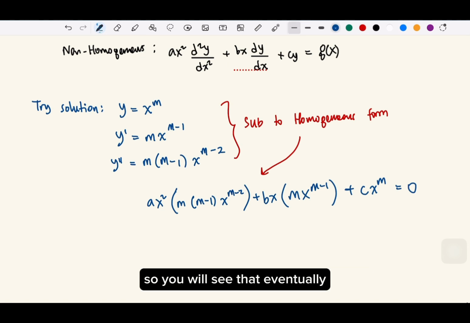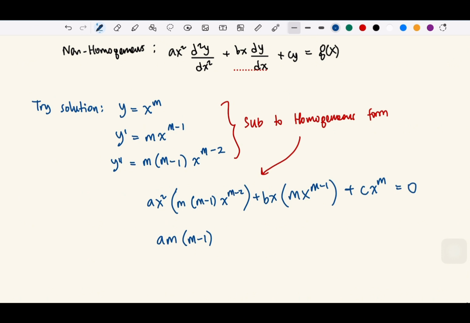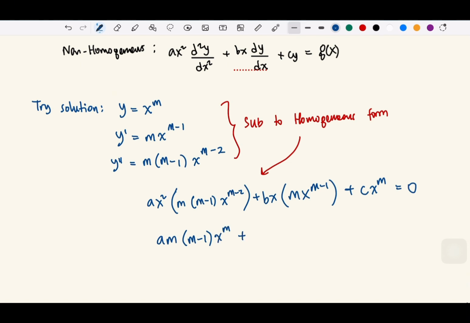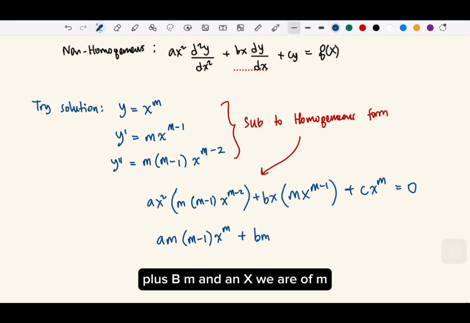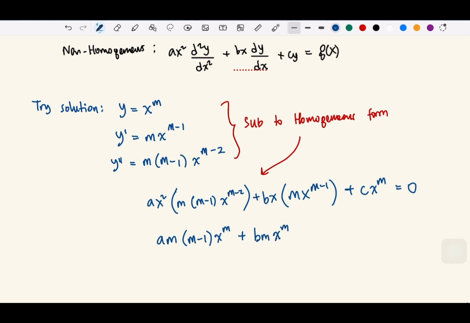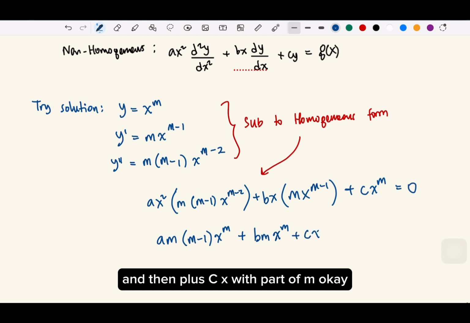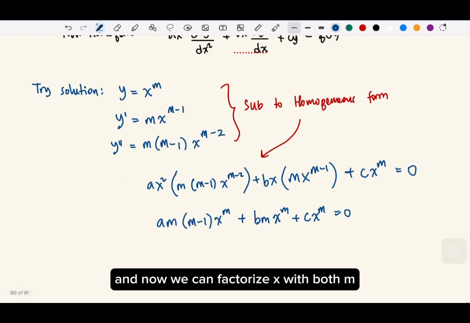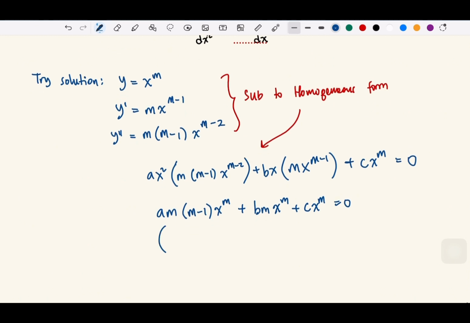So eventually this will be a m m minus 1 x with power of m, plus b m x with power of m, plus c x with power of m. If we multiply all together, now we can factorize x with power of m.